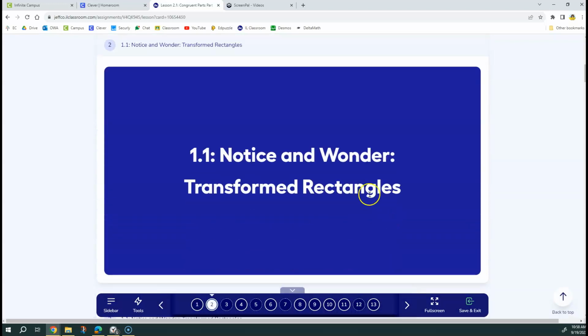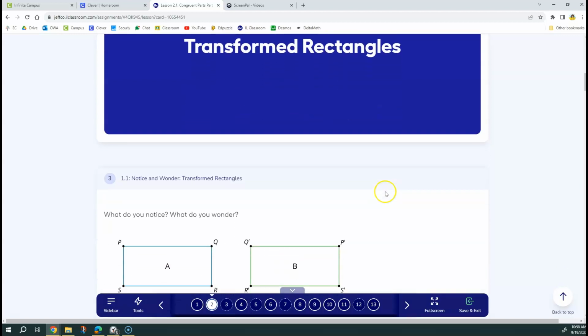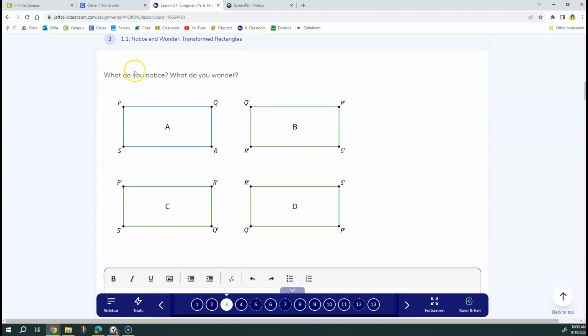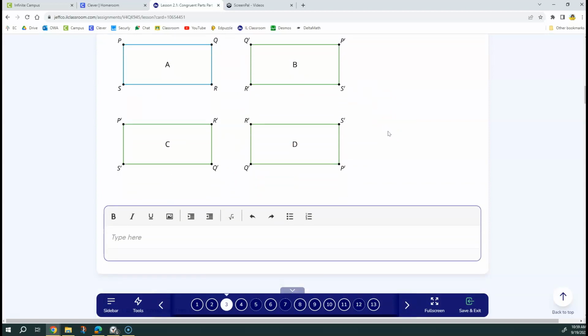Okay. To get us started, we're going to do a notice and wonder. Notice and wonders are fantastic because they have no correct answer, or all of the answers are correct. It's up to you. Transformed rectangles. So here are 4 different rectangles, A, B, C, and D. What do you notice and what do you wonder?